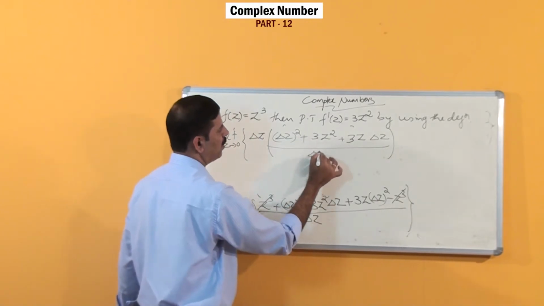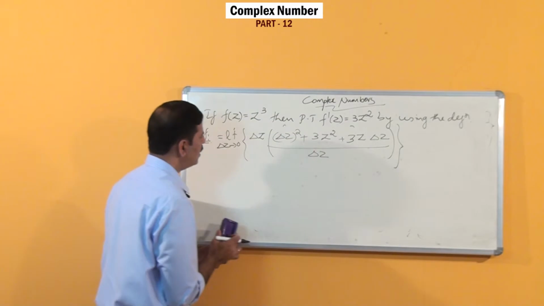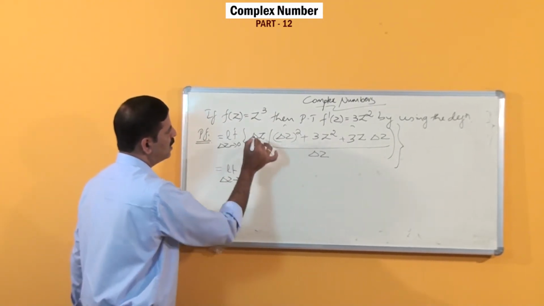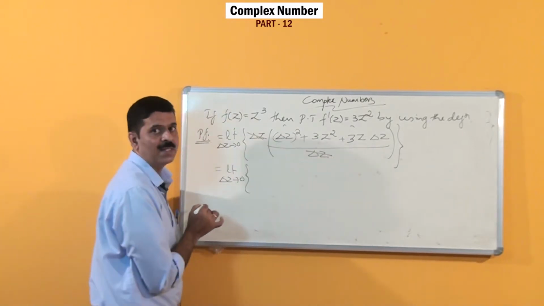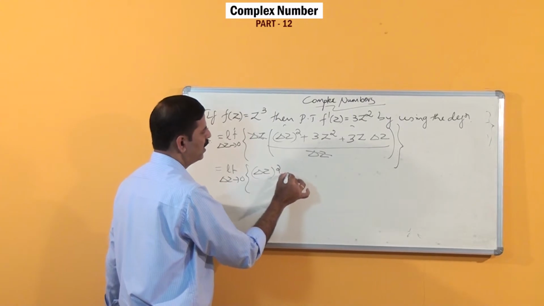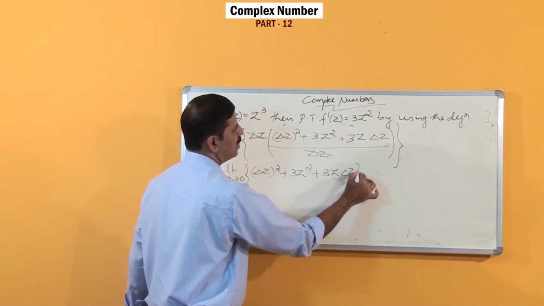Next step: this is equal to the limit as delta z tends to 0. This delta z and this delta z get cancelled, so it becomes delta z whole square plus 3z square plus 3z delta z.